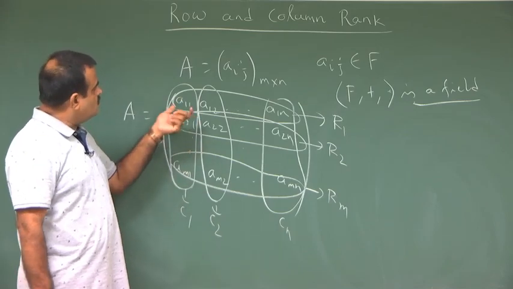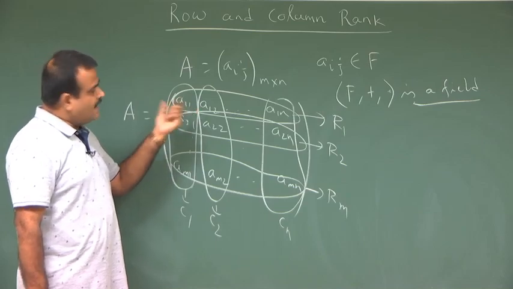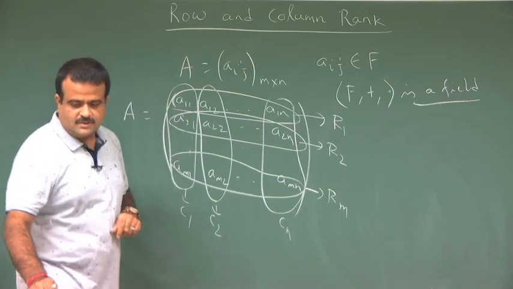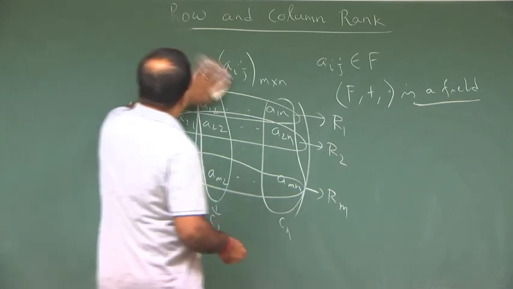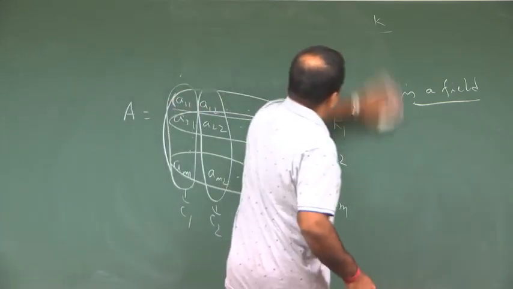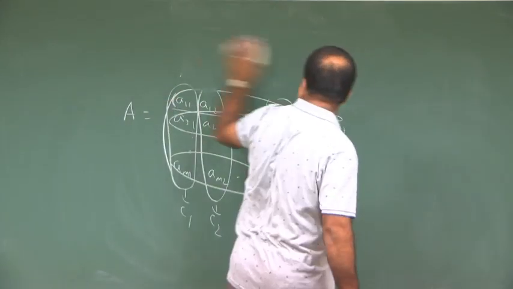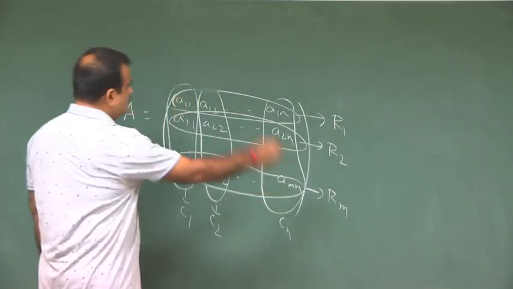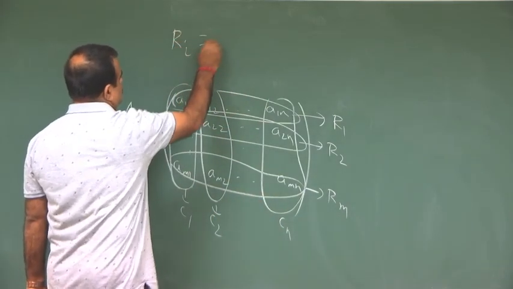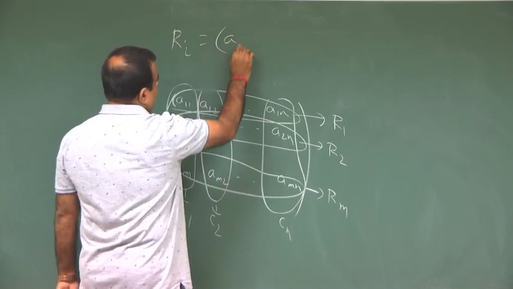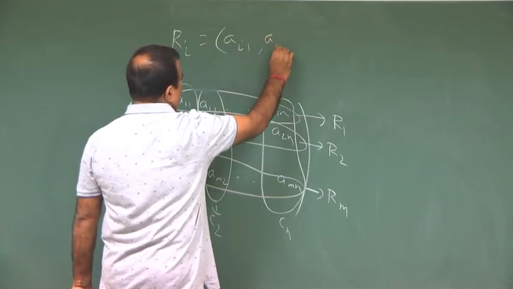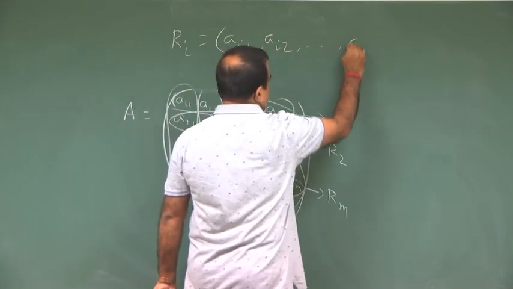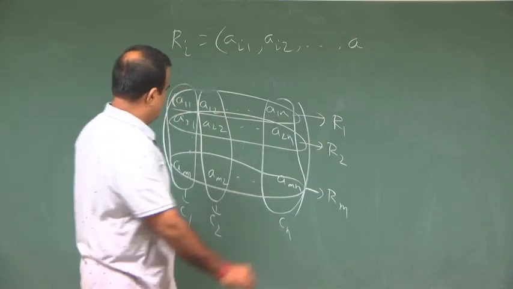Each of these rows is an n tuple. It is basically an element from F to the power n. So the ith row is A i 1, A i 2, up to A i n.